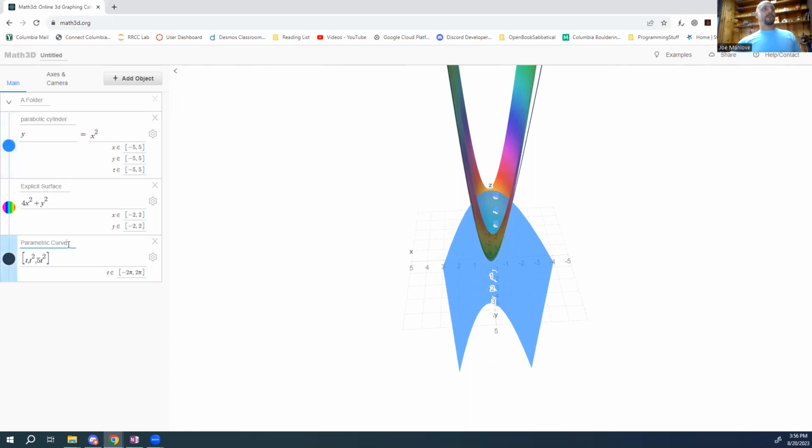And this is the curve of intersection. And the explicit surface, the rainbow one, was z equals 4x squared plus y squared. And I'm hoping you remember that's an elliptical parabola.